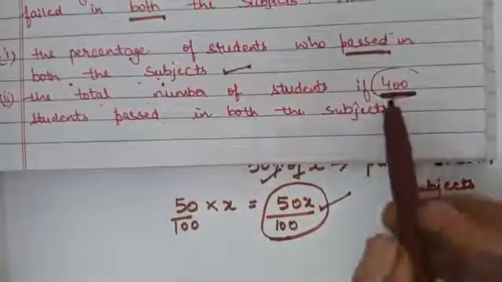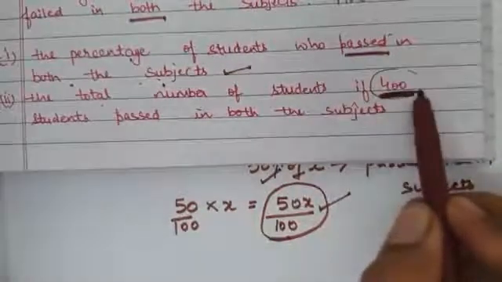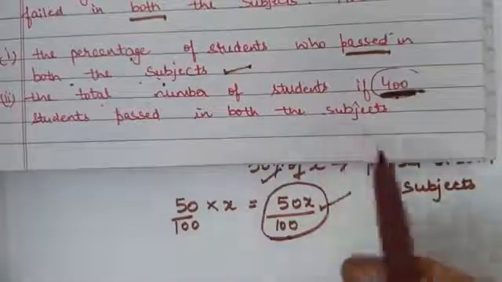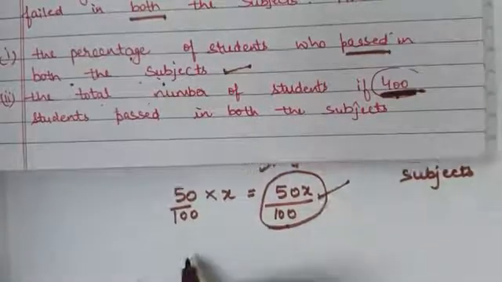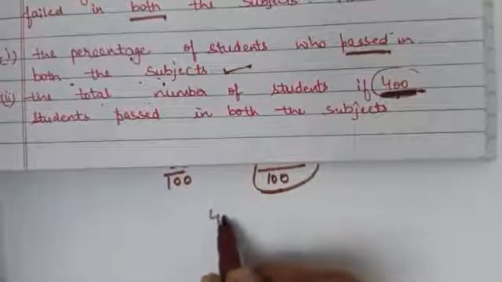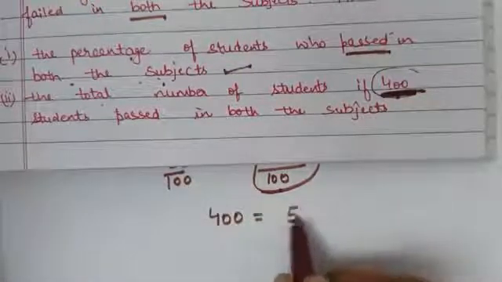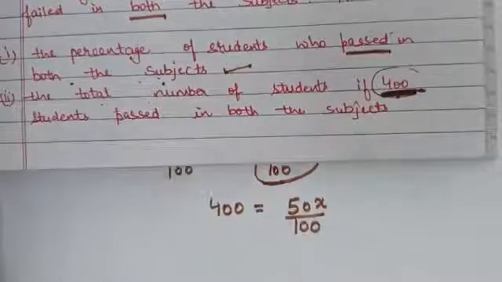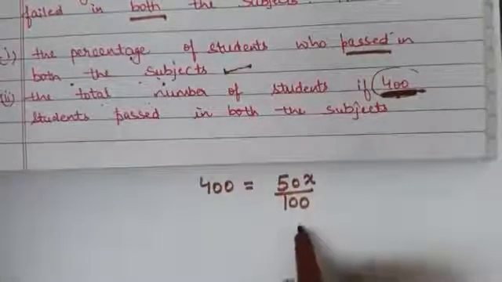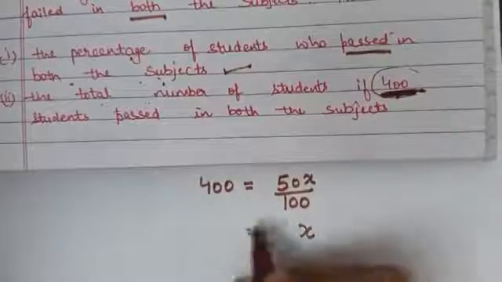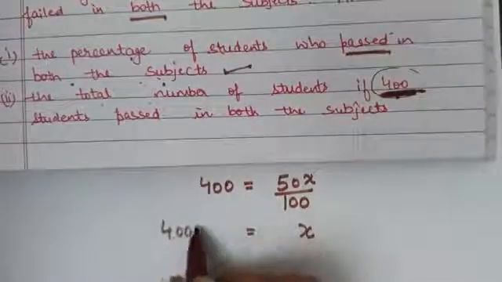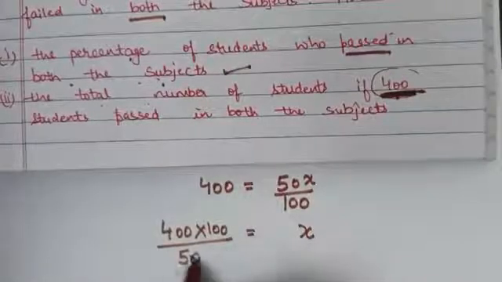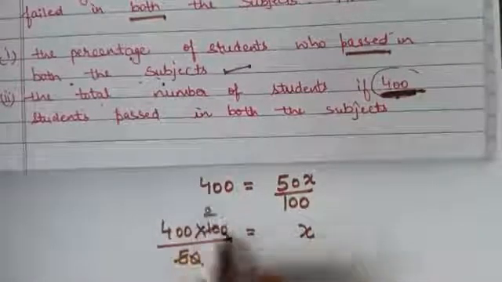According to the question, 400 equals 50X upon 100. Now X will remain here, and 100 upon 50 will become 2.